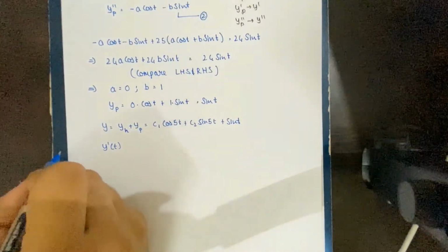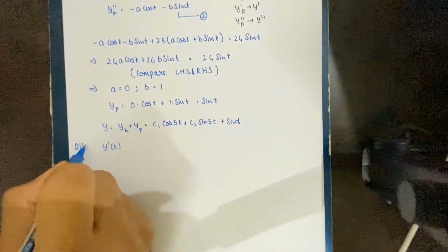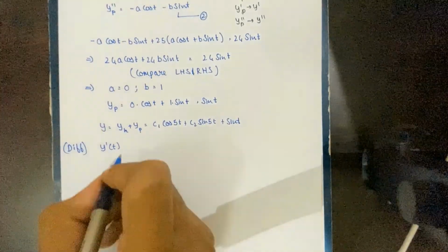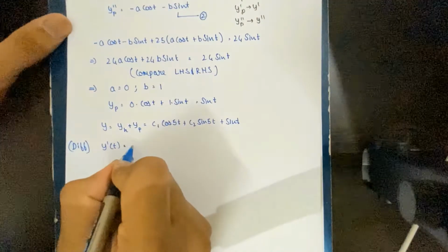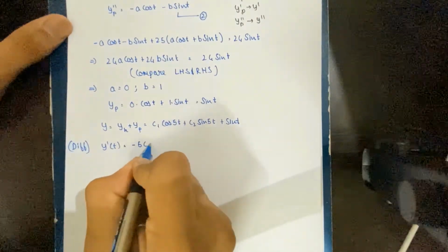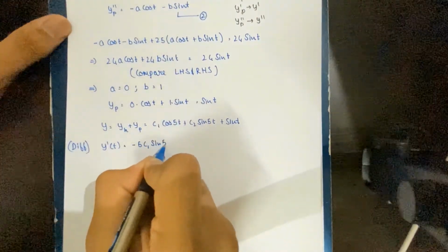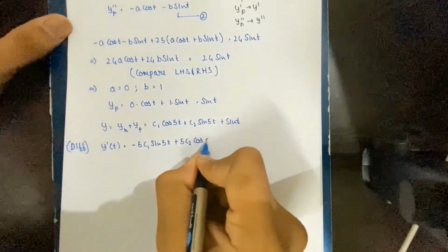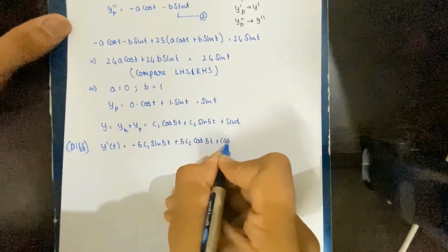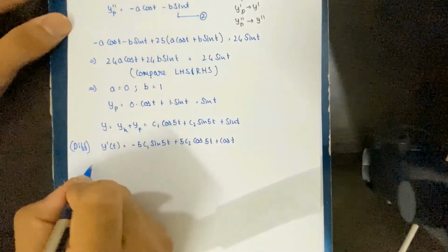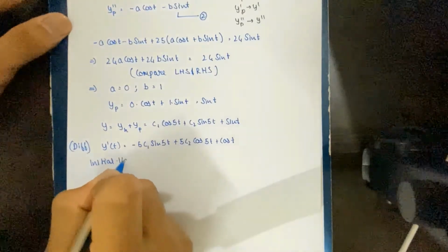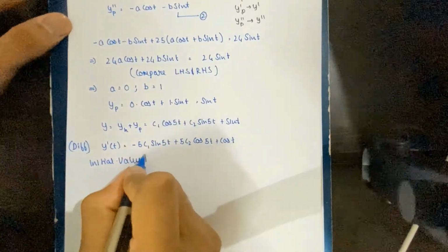I'm differentiating it for the sake of the initial value problem that I was talking about earlier. y dash of t equals minus 5 c1 sin 5t plus 5 c2 cos 5t plus cos t. Okay, now the initial value problem.